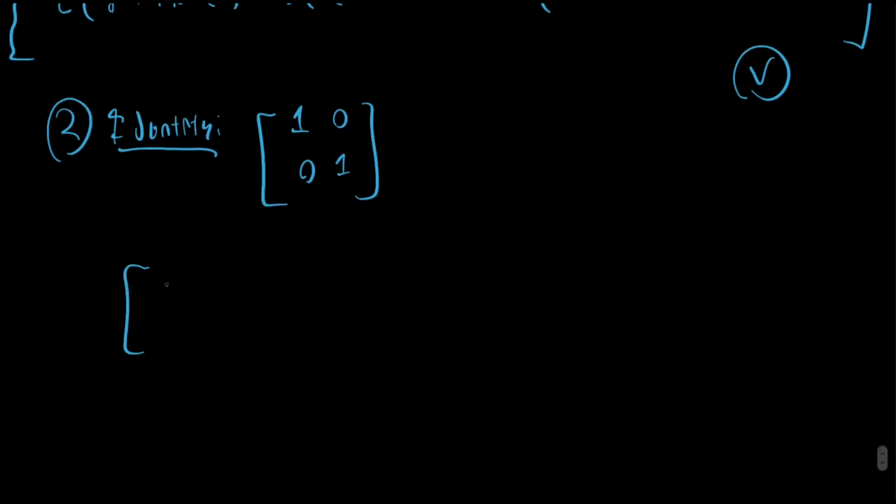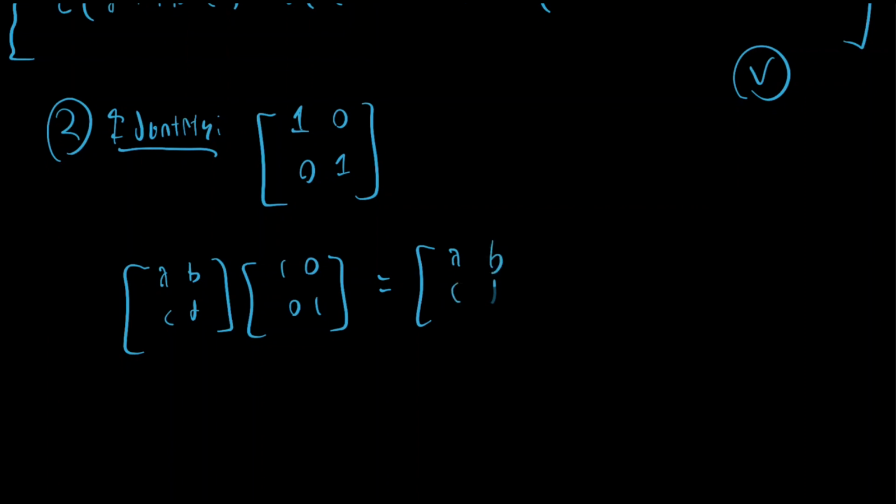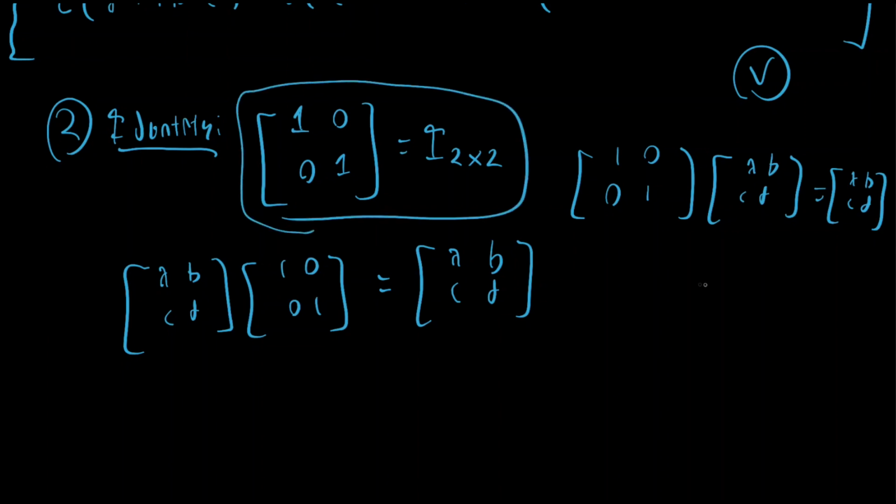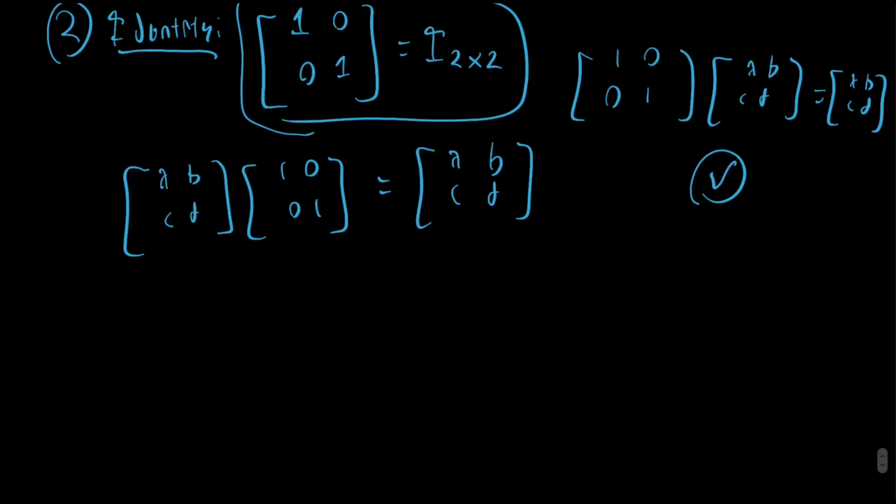To quickly verify why, just multiply this and see that this will be A times 1 plus B times 0, so this is just A, then A times 0 plus B times 1, B, and in the same way C, D. And also if you multiply it on the left, this will be true, so you will get the same matrix back. We will sometimes call this matrix I 2 by 2, the 2 by 2 multiplicative identity. So we have also verified that there is an identity.